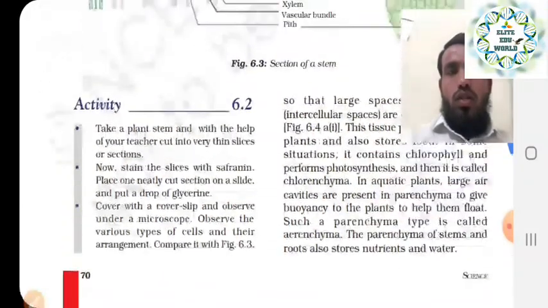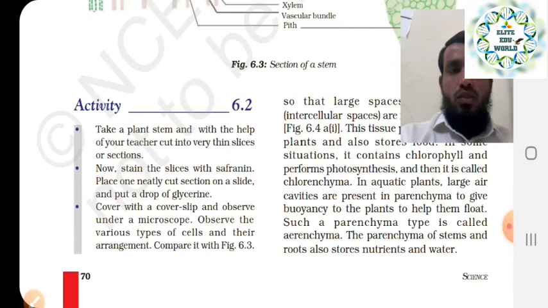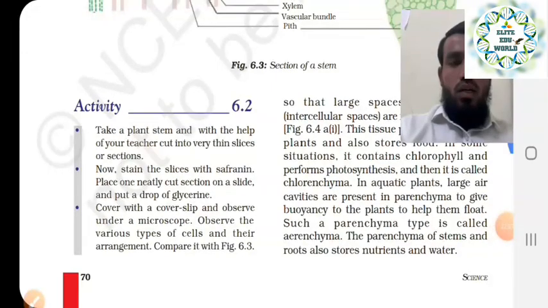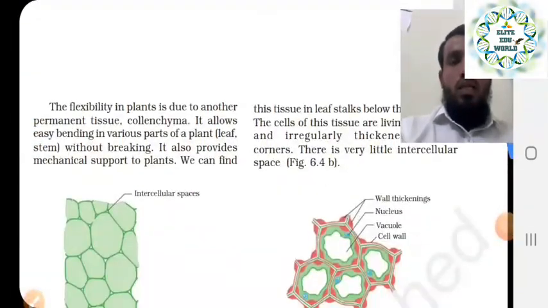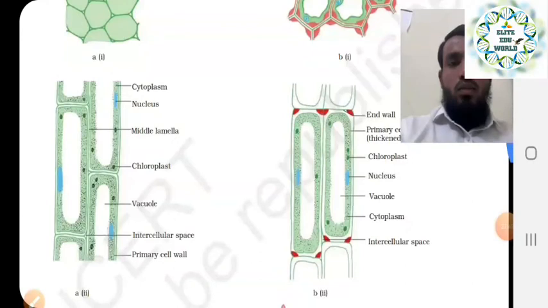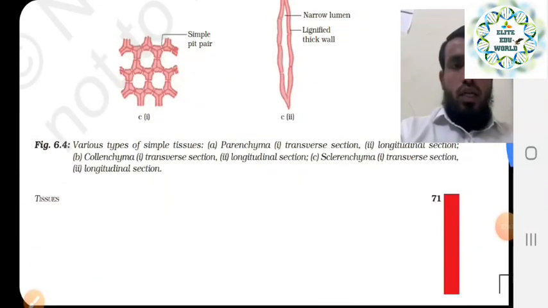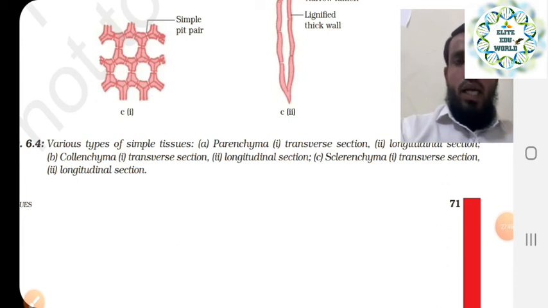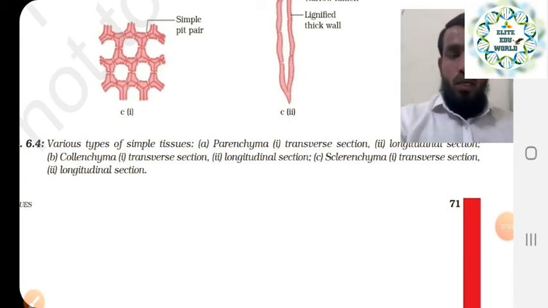All three types we have seen. Just go through this slide one more time, and see whatever points we have covered, especially the three types of simple permanent tissues: parenchyma, sclerenchyma, and collenchyma.